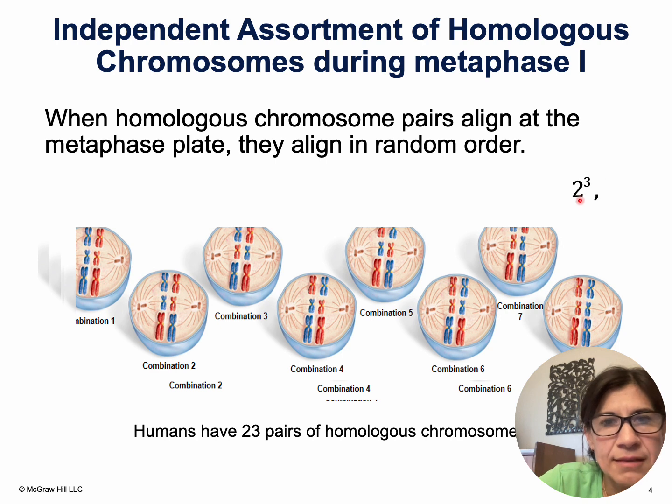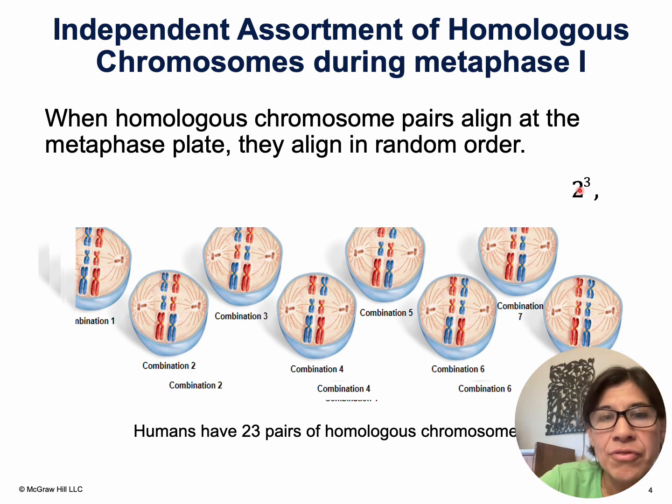So we would say that in this case, it's 2 to the 3rd power, because there's 2 ways each of those 3 homologous pairs can line up. So that's 8 different combinations, which are all here. Humans have 23 pairs of homologous chromosomes.